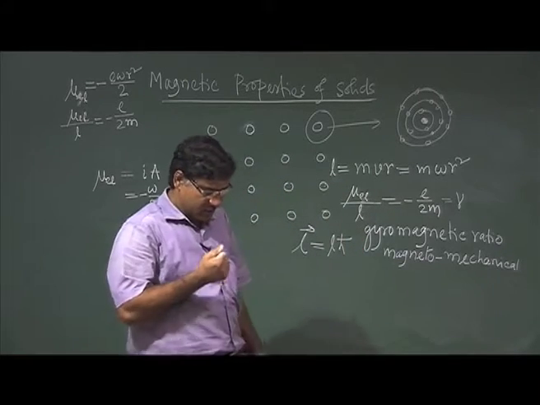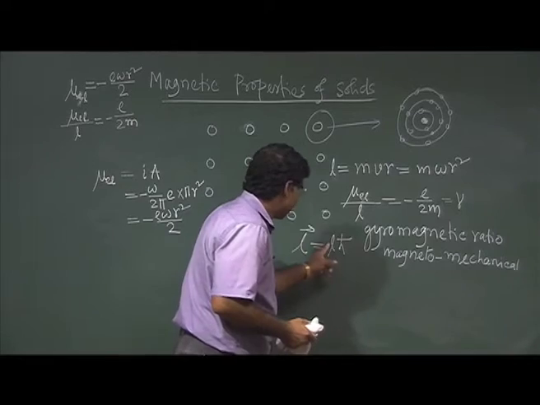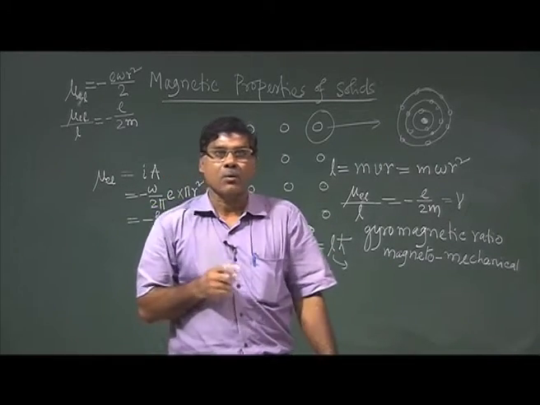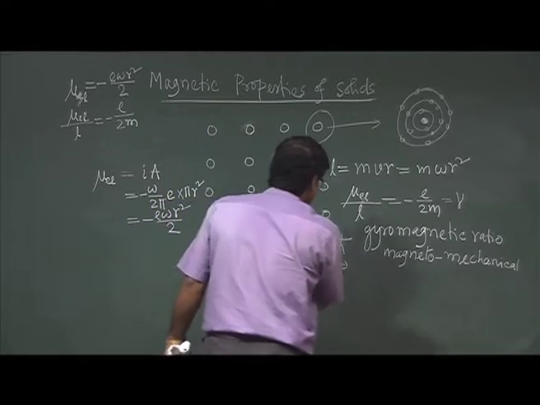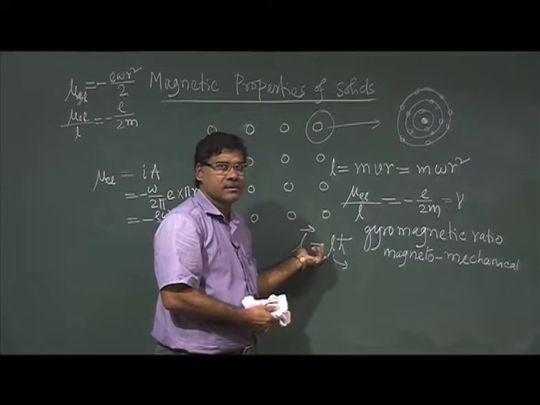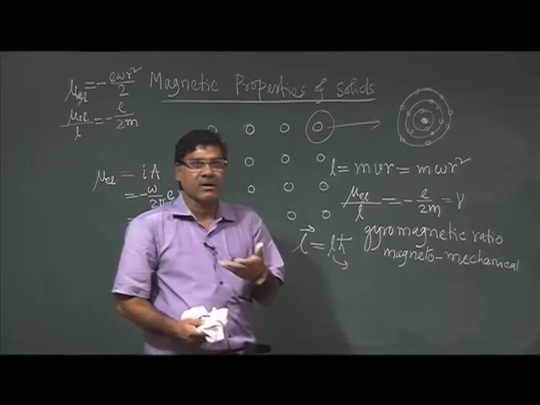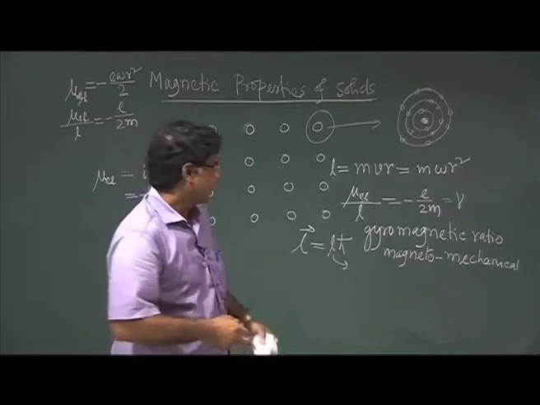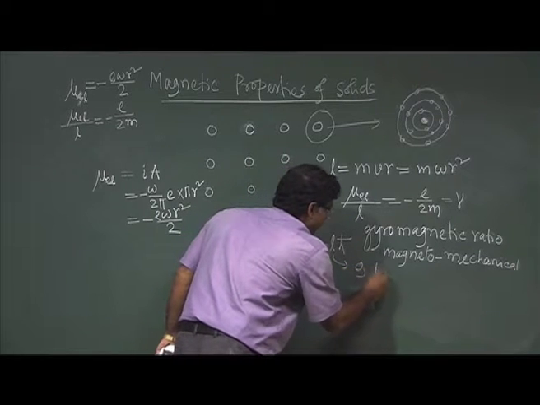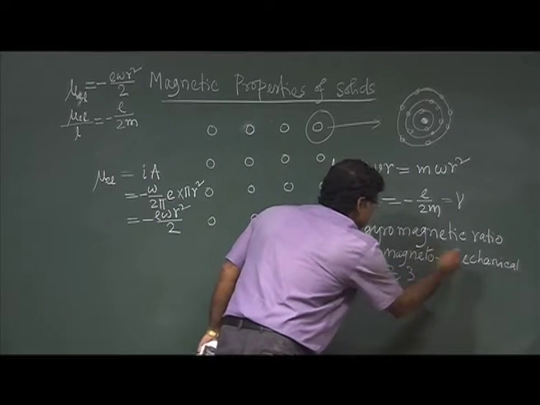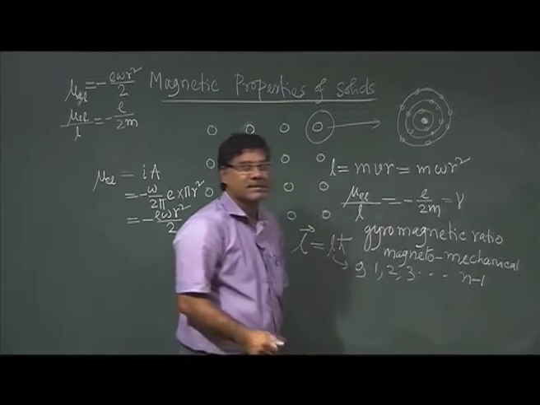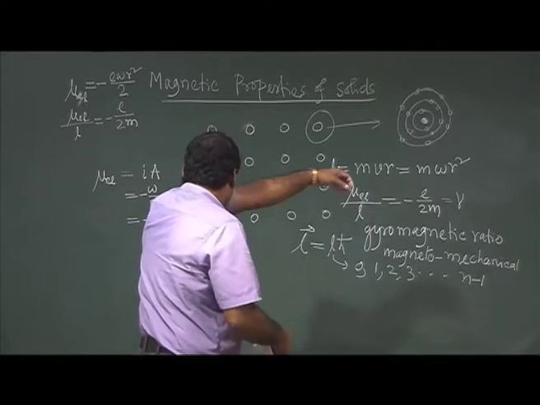In this case, this L is called the angular quantum number, and the momentum is L times H cross, in units of H cross. The L value can take 0, 1, 2, 3 up to n minus 1. What is n? N is the principal quantum number, okay.